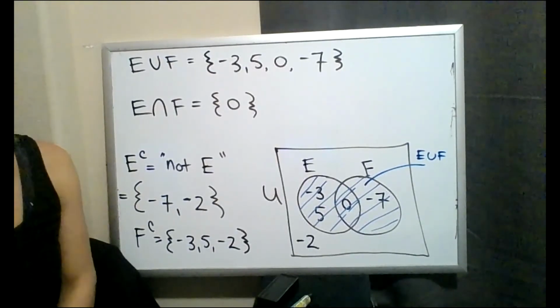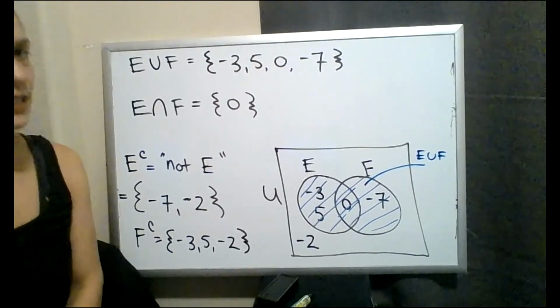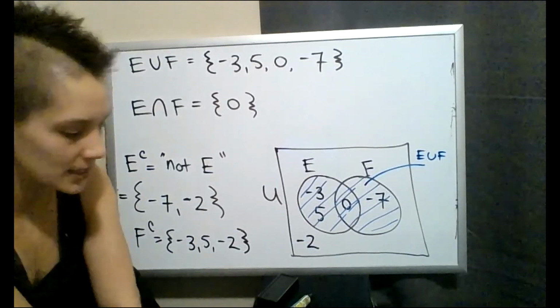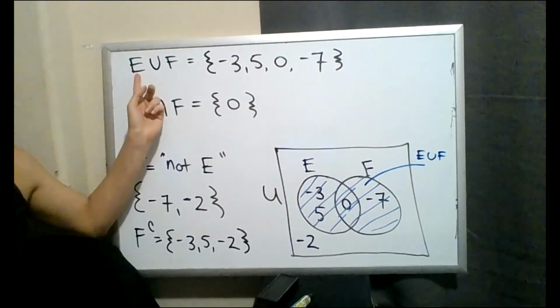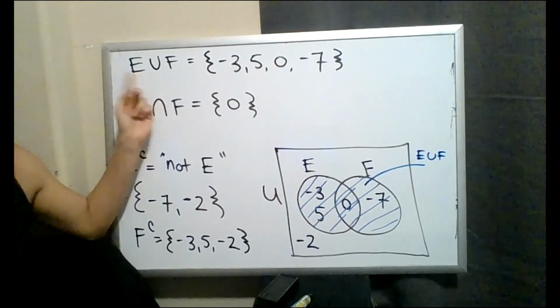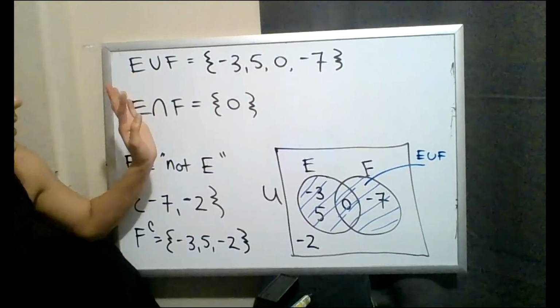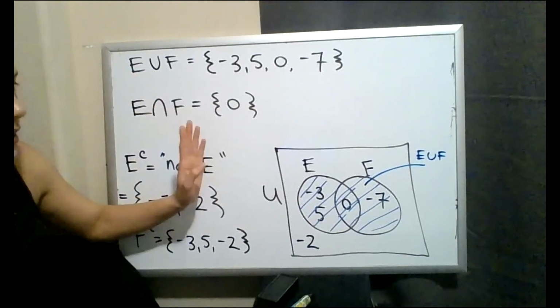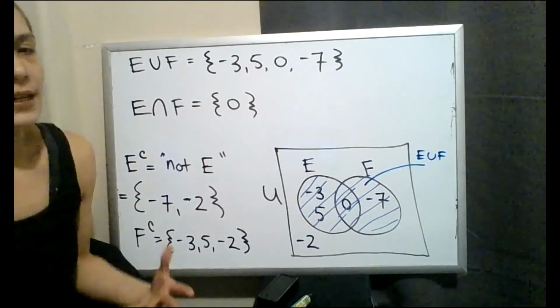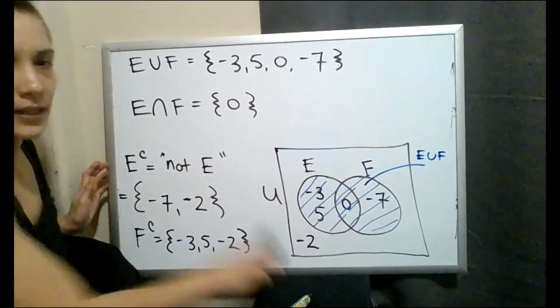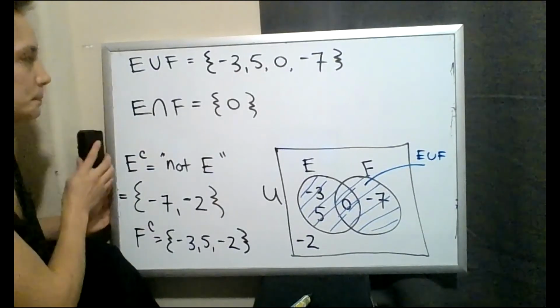Alrighty, let's switch it up just a little bit, and we're going to use elements that are letters. If you've noticed, we've got letters as sets, but they're capital letters. So if your elements are letters, they're going to be lowercase. And I'll probably make that clear when I create a problem.